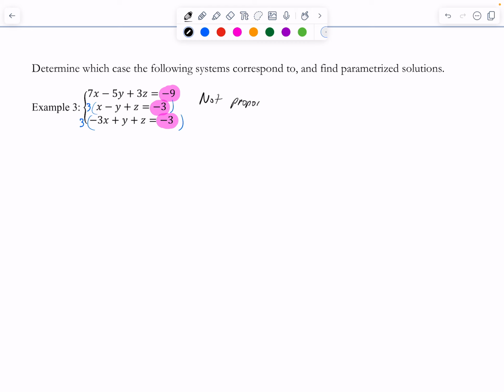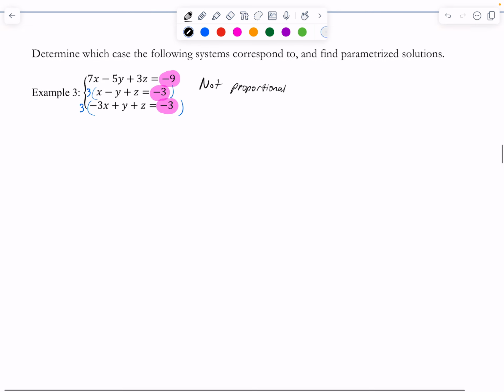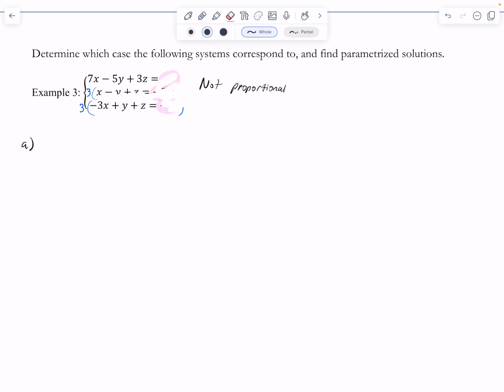All right, so when we think about what that does for our answer, at this point, I'm going to continue with the same process. I'm going to start with my first step, where I eliminate my letter y using the second two equations. So let me erase this stuff here. If you notice my second and third equation here, if I were to just add, I would eliminate y. So let's eliminate y using my second and third equations.